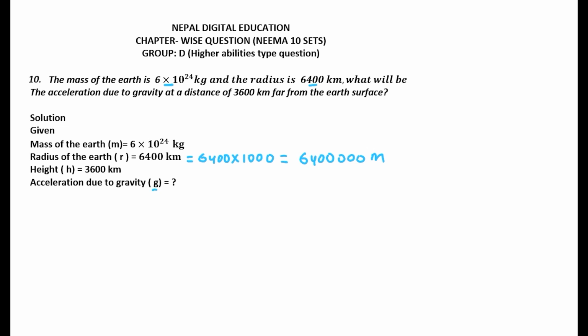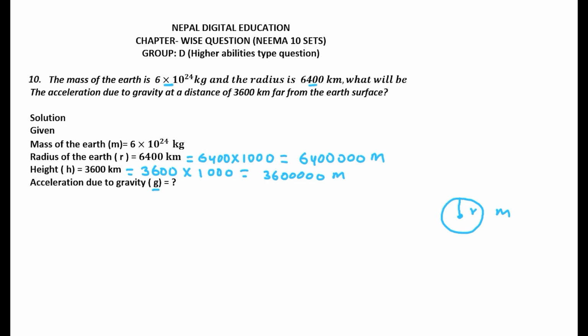So we have to find the value of g, and the height is given as 3600. First of all, change this into the SI system, in meter, so it becomes 3600000 meter. The radius and the mass of the earth are given. Suppose this is radius r, so r is given and the mass of the earth is given.